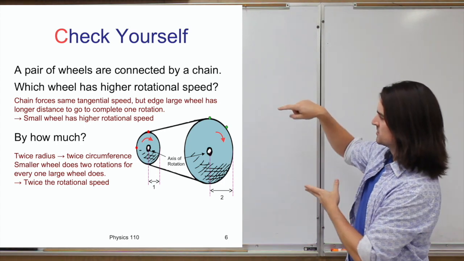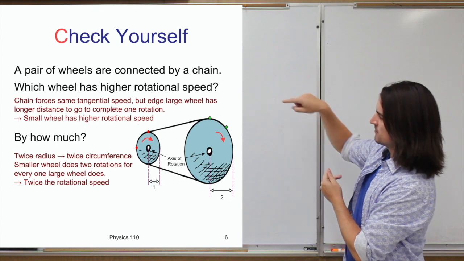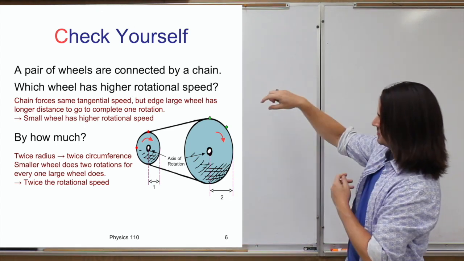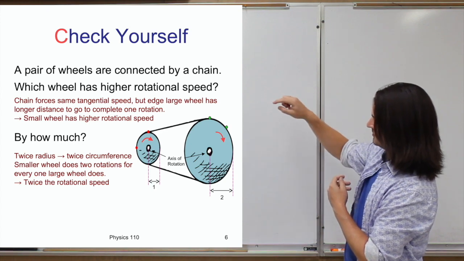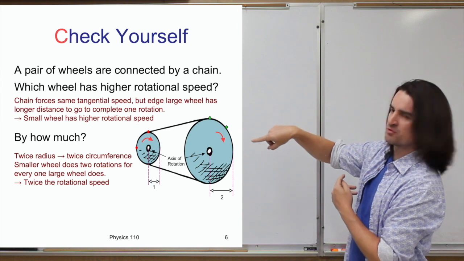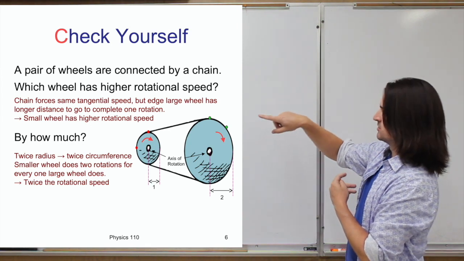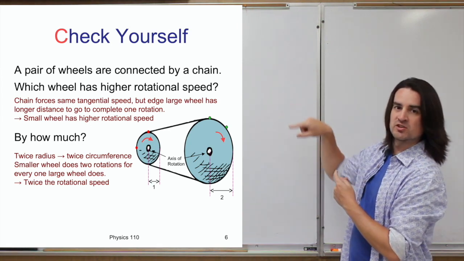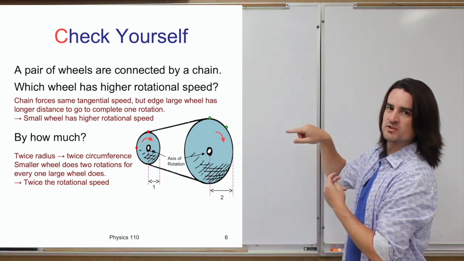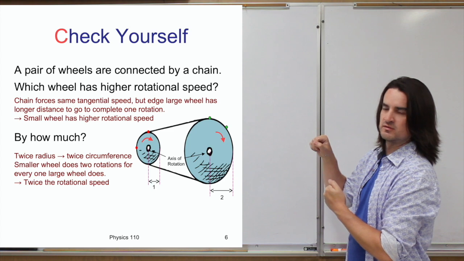And essentially what it comes down to is that since the chain forces each of them to go at the same tangential speed around the outside, you imagine those dots keep moving along, like the chain keeps moving along, and the smaller wheel has much less of a circumference, a shorter distance to go around before it completes a revolution.